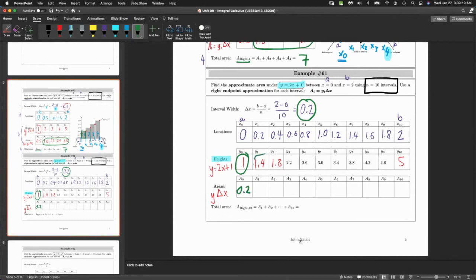I'll do another one here. 1.4 times 0.2 is 0.28. And unfortunately, my friends, this is really annoying because you're going to have decimals all over here.